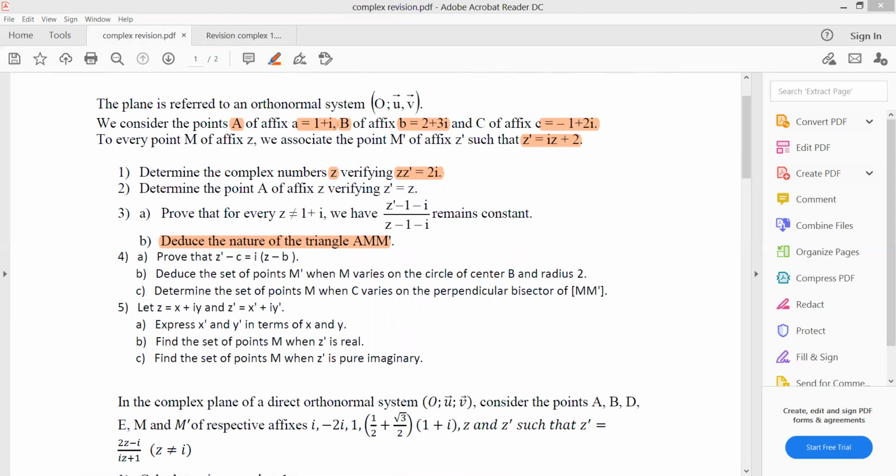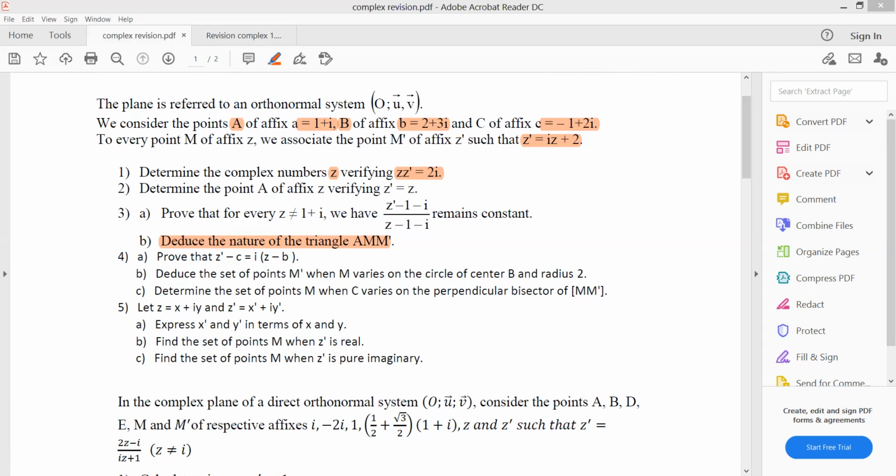Minus 1 minus i is minus zA, over zM minus zA. How to deduce? What will be the nature? Isosceles. How do we get the nature?